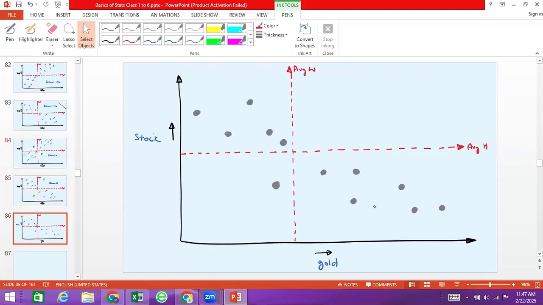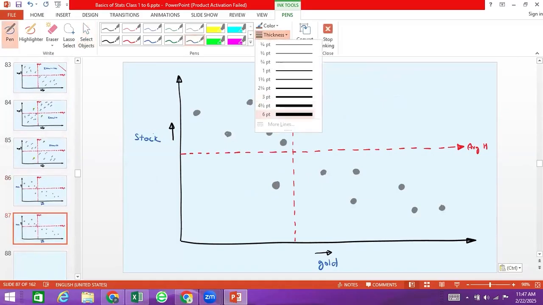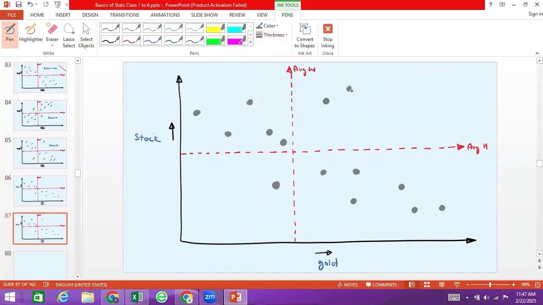Okay. So what will happen in this kind of a scenario? A few of my data points are negative. A few of my data points are positive.